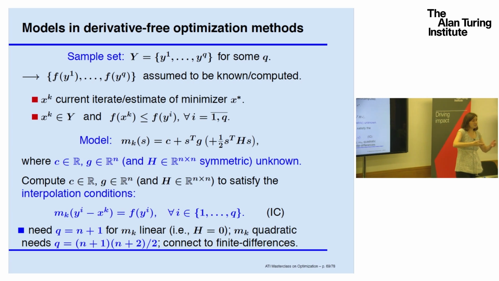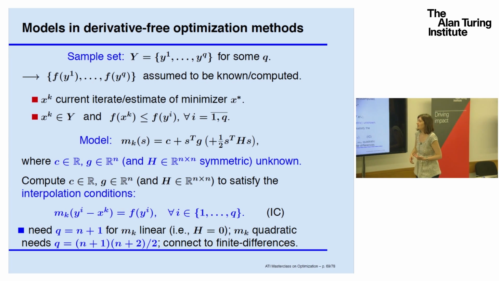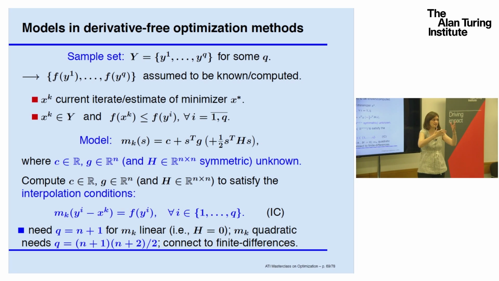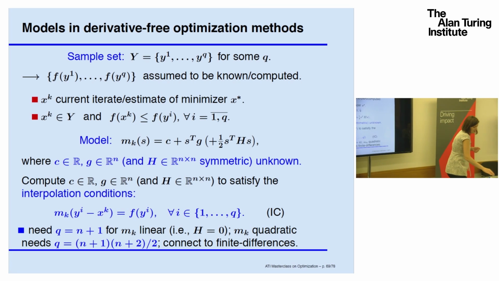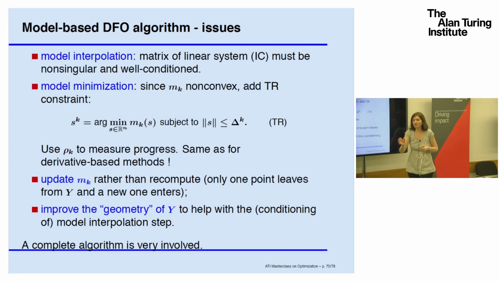But I will actually do more on each iteration. Especially if I can't make progress, I will make these points well spread out. So this geometry step tries to achieve both that the interpolation system is well defined for computing my model, and that the points are spread out enough that the model is a good representation of my function.